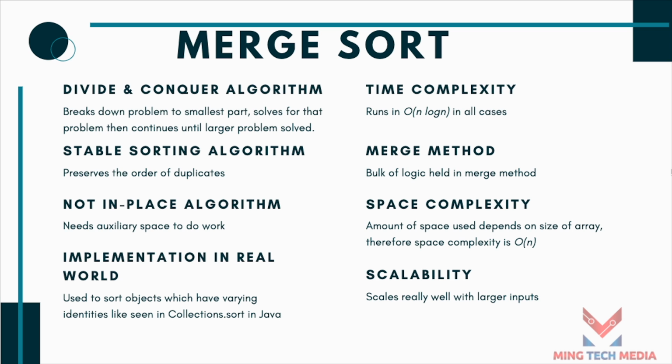So, implementation in the real world. In the case of Java, and it's like this with many other programming languages like Python, JavaScript and C++, they have their sort functions, right? MergeSort is used to sort objects that have varying identities, like seen in Collections.sort in Java. What does that mean?